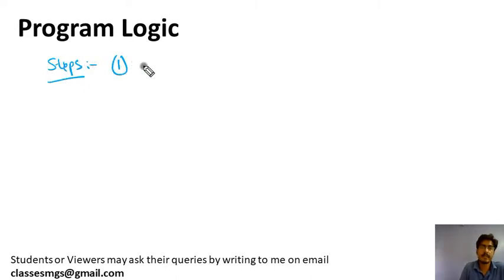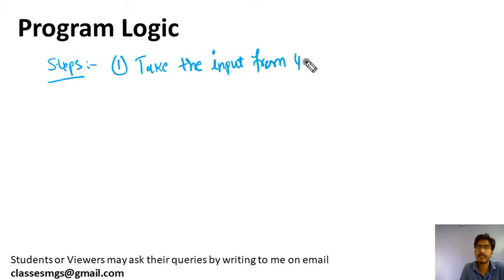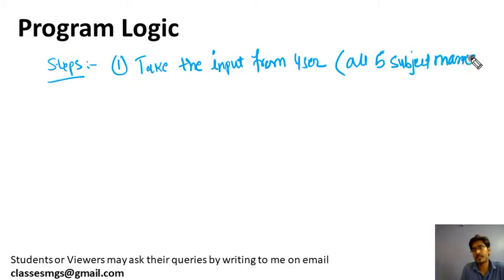First step, take the input from the user, all 5 subject marks. First of all, take the input from the user for all 5 subject marks. Then you need to calculate the total of marks.